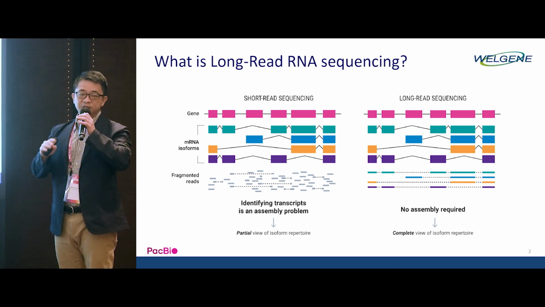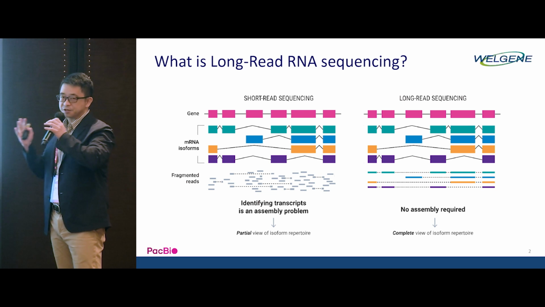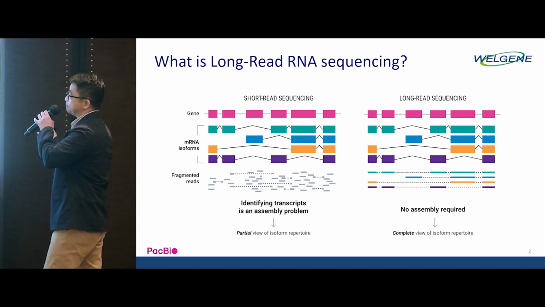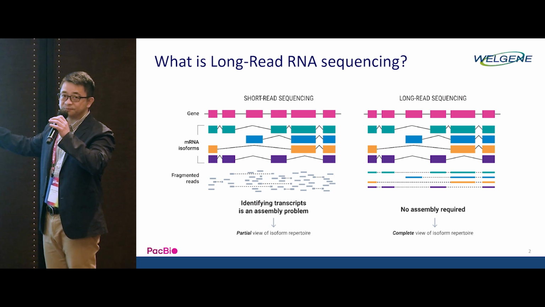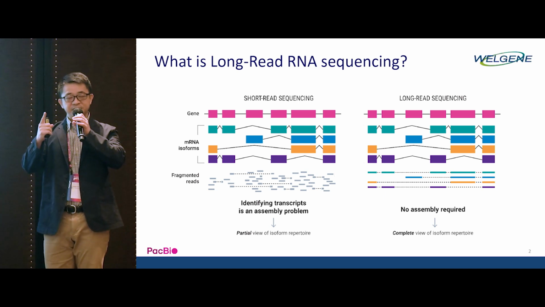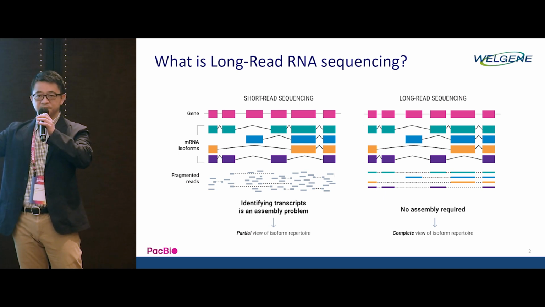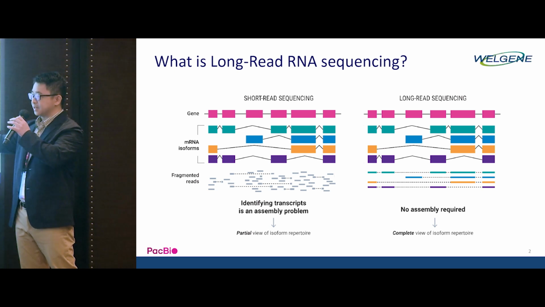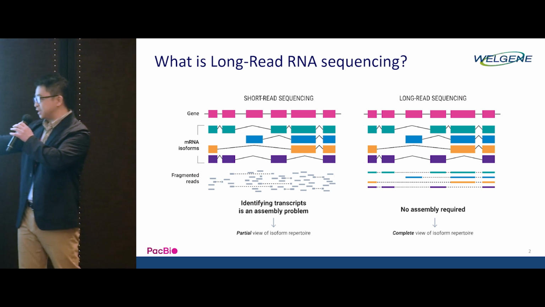So if you want to see the full view of the isoform, you need a lot of assembling work. Now long-read sequencing can provide one read meaning one full-length transcript. You don't need any assembling. You can see the complete isoform.